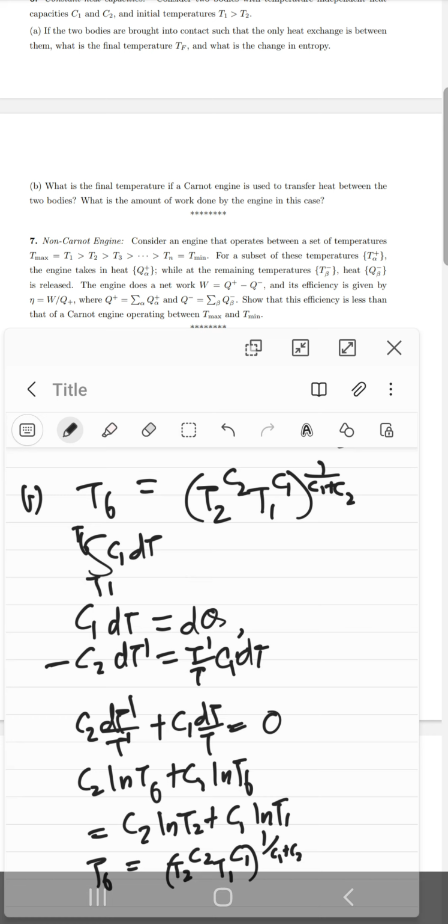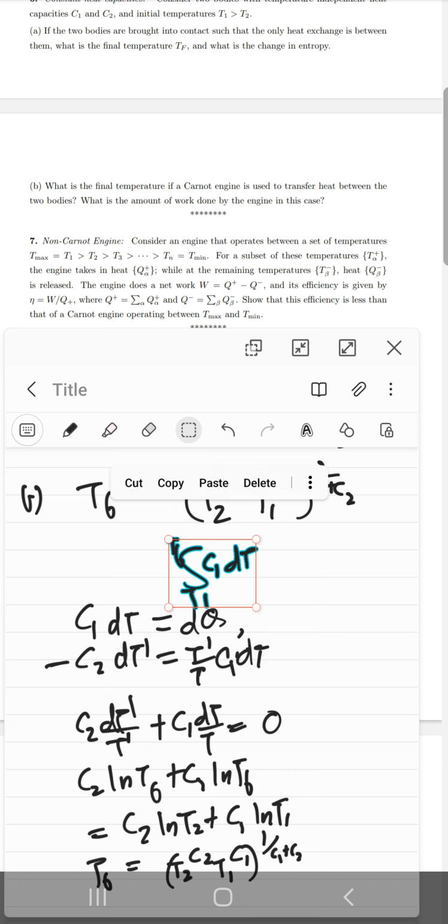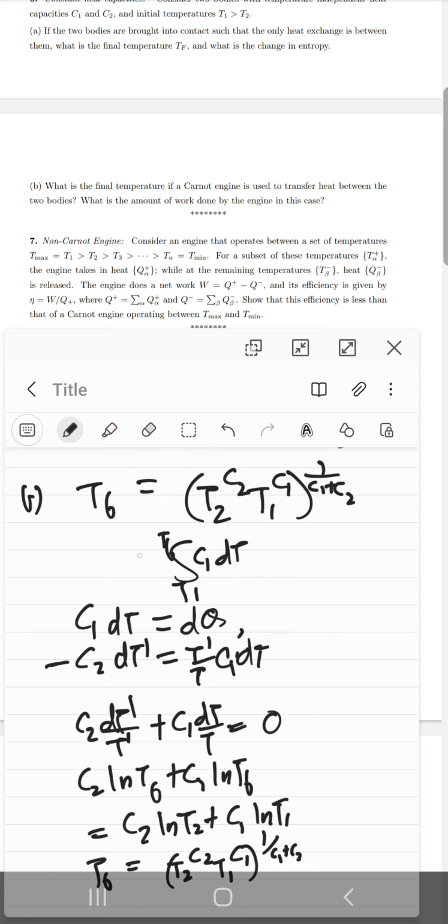That's the amount of heat that you have put into the colder body, and you subtract this from the amount of heat that you have taken from the hotter body, which is just integration of C dT dash, so it's T dash upon T C1 dT, right? Yes, I assume that's correct. Yeah, and this is from, once again, T1 to Tf, right?